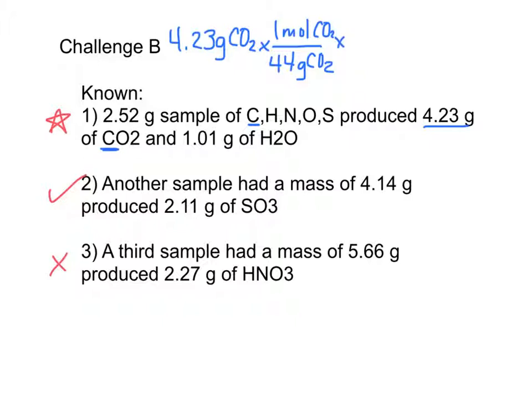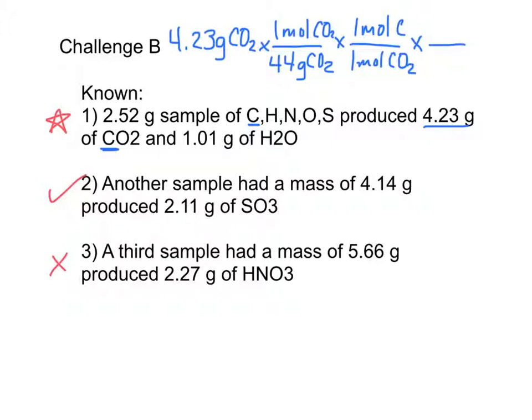And then from every 1 mole of carbon dioxide, this is a step you can probably skip, but I just want you to see it, every 1 mole of carbon dioxide is going to produce 1 mole of carbon. And then from there we're going to figure out our grams of carbon.